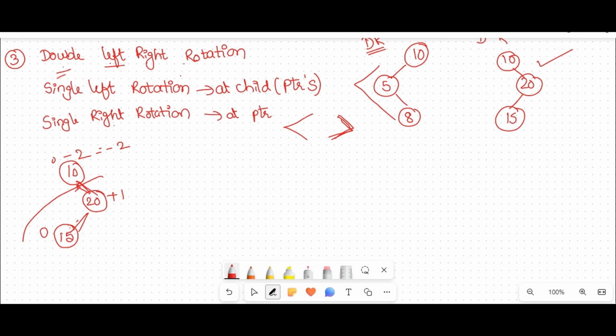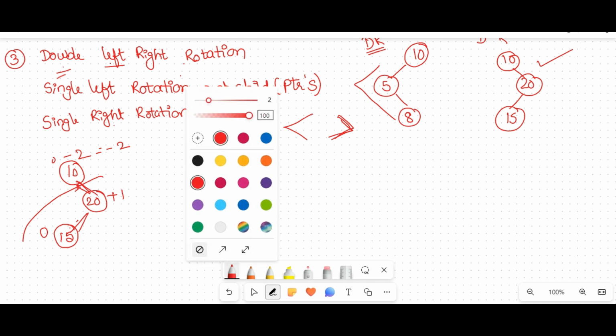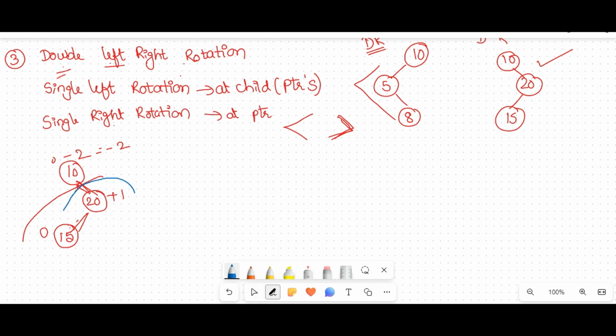So first apply single left rotation, and then apply single right rotation. Here the property failed. So at the child you have to apply single left. That's why I marked single left here.